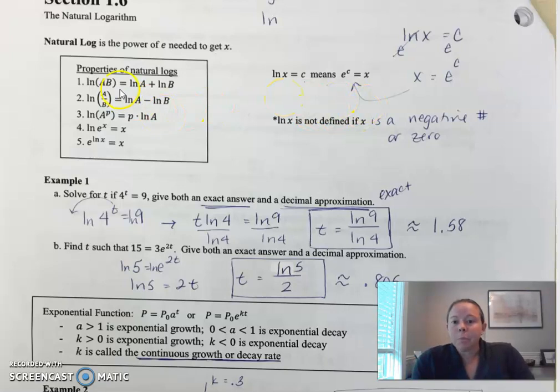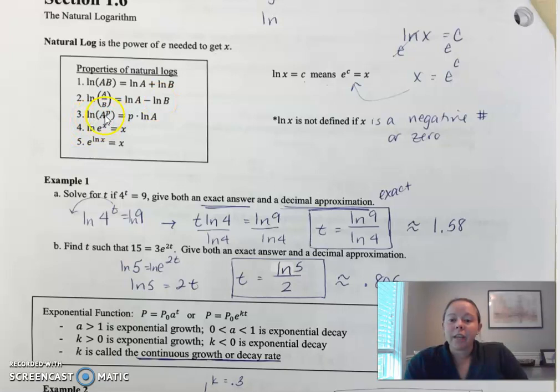Now, properties of logs, these are just the really basic properties. So if you have natural log of a times b, you can break that up: natural log of a plus natural log of b. Natural log of a over b, you can break that up. And remember the denominator, that needs to be the minus natural log of b. And remember in the last video, I talked about common mistakes, so just be careful.